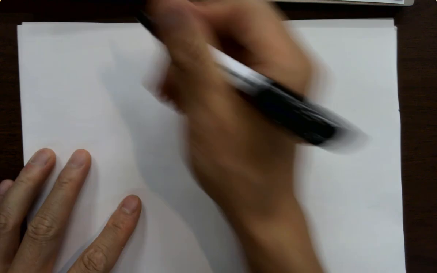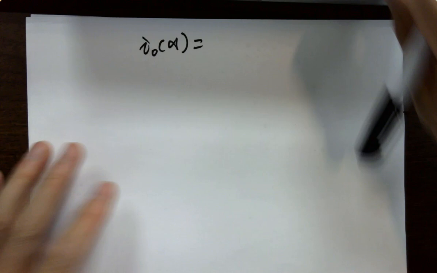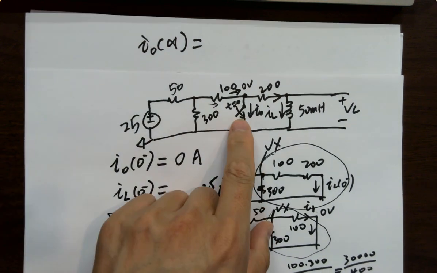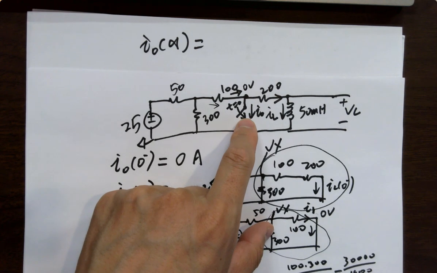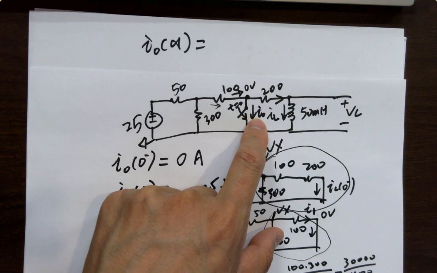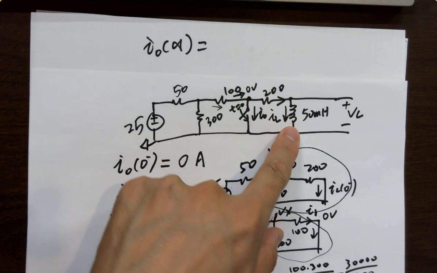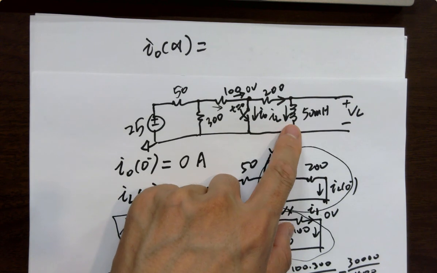I0 infinity. I0 infinity is what? After a long time, so the switch is closing, right? We close it after a long time. What is I0? 0. Why? You have a finite amount of current in here, right? It's already discharged. It discharged through where?